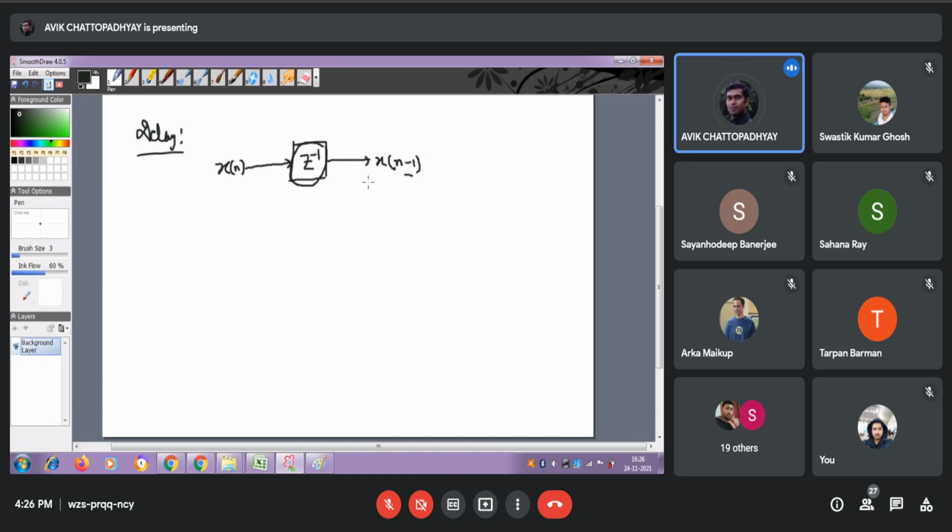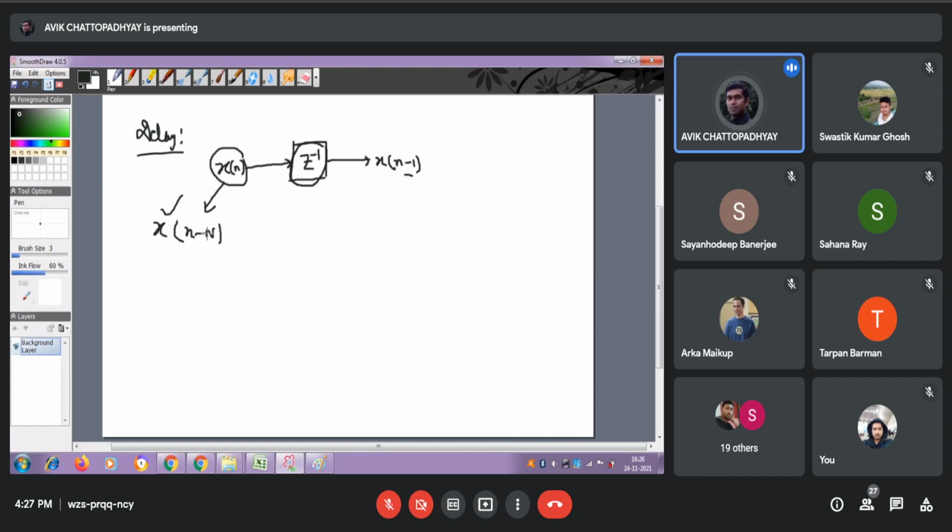Now there is another convention, a usual practice, that we will also follow. Suppose we want to give a signal n amount of delay, and the resultant signal should be x of n minus N. I have this x[n].